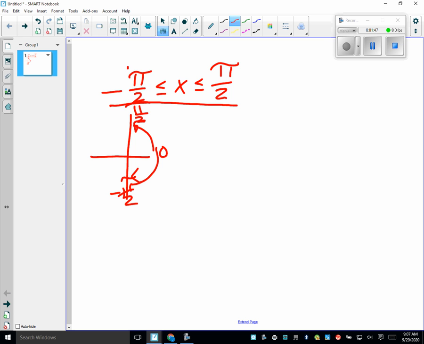When we talk about inverse, going backwards, that's what that means. It also means that every value that I give you will be between -1 and 1.